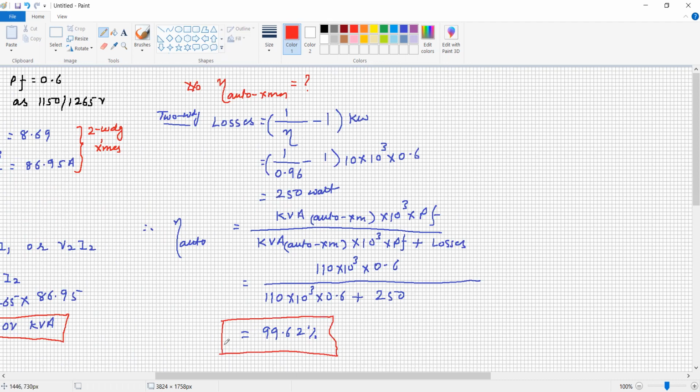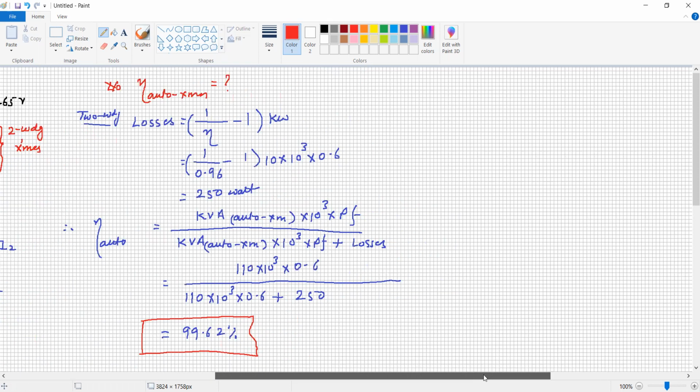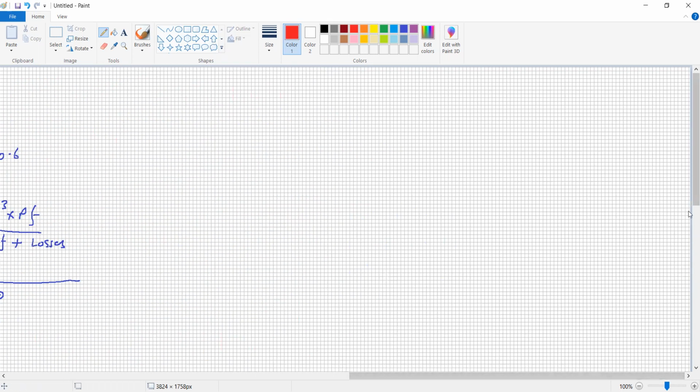So these are the calculations based on the given data. Okay. Now, one more question is again from NPTEL assignment. So the question is like that. A circuit is given.